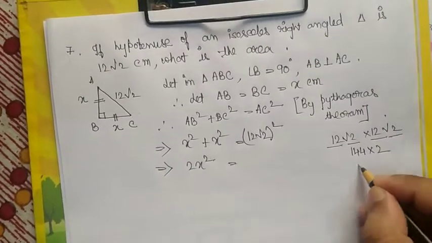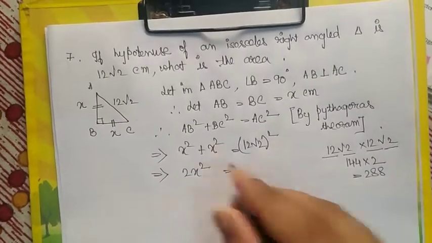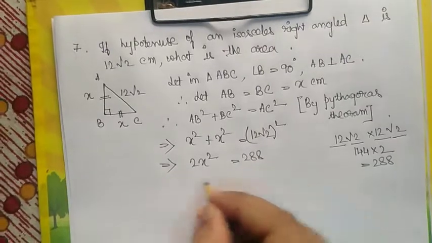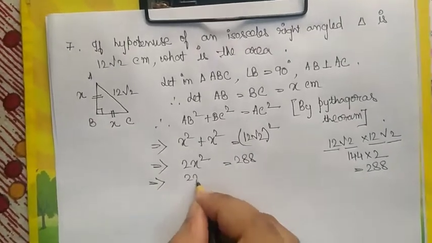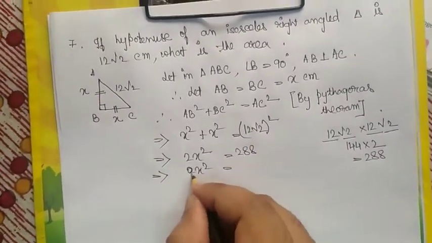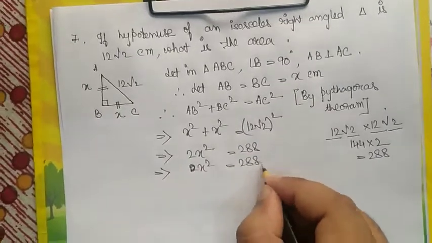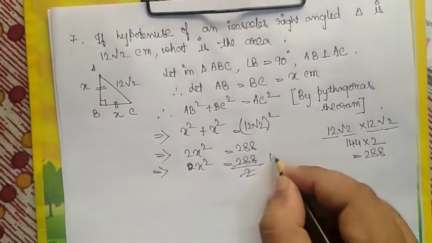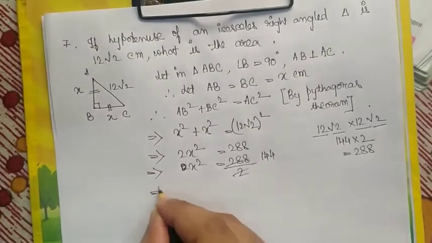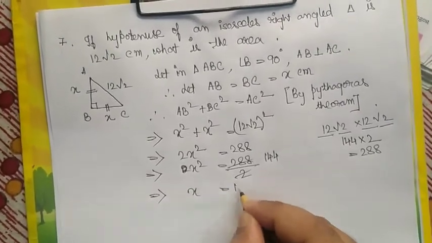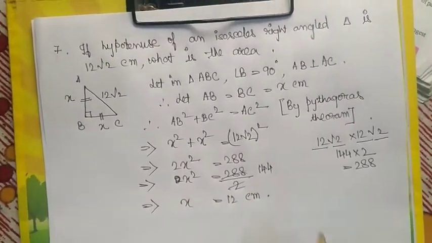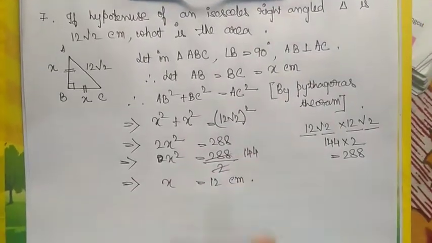So 144 into 2 means 288. So 2x square equal to 288, x square equal to 288 by 2 means 144. If we square root 144, therefore we get x equal to 12 centimeter.